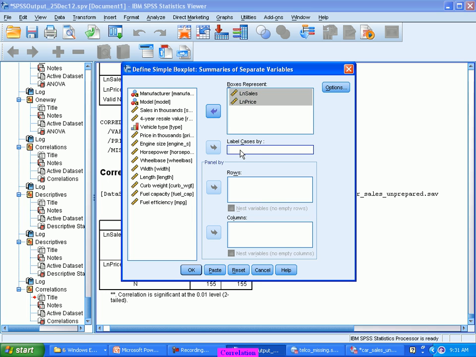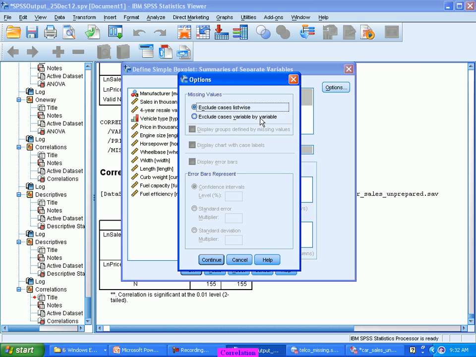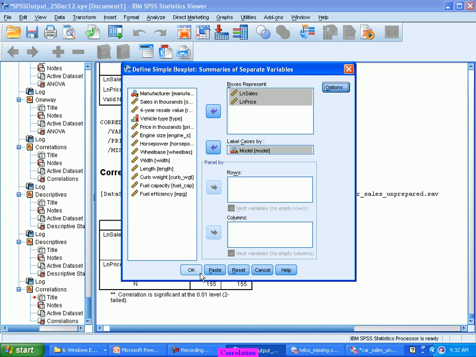Here I can label the cases based on model, a unique identifier for each record. So I'll put the model as the unique identifier, to see which of these models have stars with respect to log sales and log price. And probably exclude the cases variable by variable. Do it separately for each of the variables and exclude them.